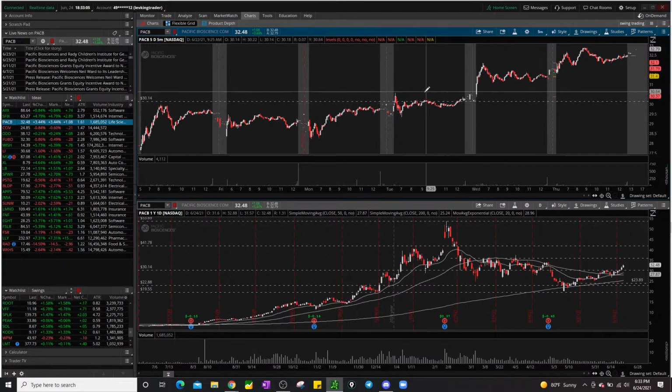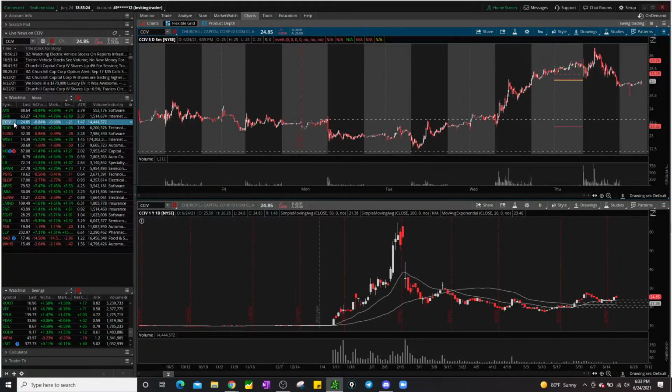You can check my watch list from Tuesday evening. I mentioned PACB. You could buy evening Tuesday or right at the open, and as you can see it continues. Now I can't play this for the breakout because it's already inside the range and the risk reward here it's not there. CCAV, nothing there.